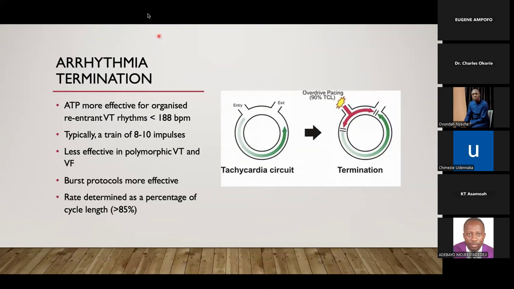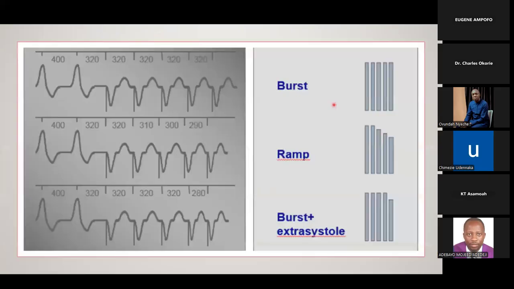Now, with anti-tachycardia pacing, there are two protocols. There's the ramp and the burst protocol. With the burst protocol, you have a fixed cycle length at which you are pacing faster. Whereas with a ramp, you have a decremental one. So then you have the cycle length reducing each time, meaning each time you are going faster.